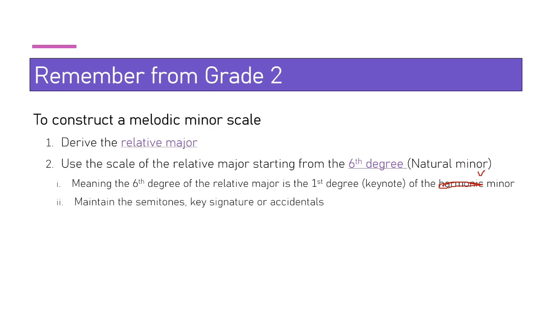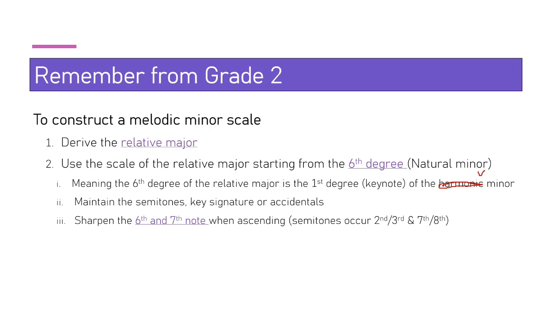Like I said, when you are doing all those things, please retain the key signature at first. Retain any accidental, the semitones, everything you have borrowed from this relative major scale. When you change the arrangement by using the sixth degree to start your scale and form your minor, retain all the arrangements.